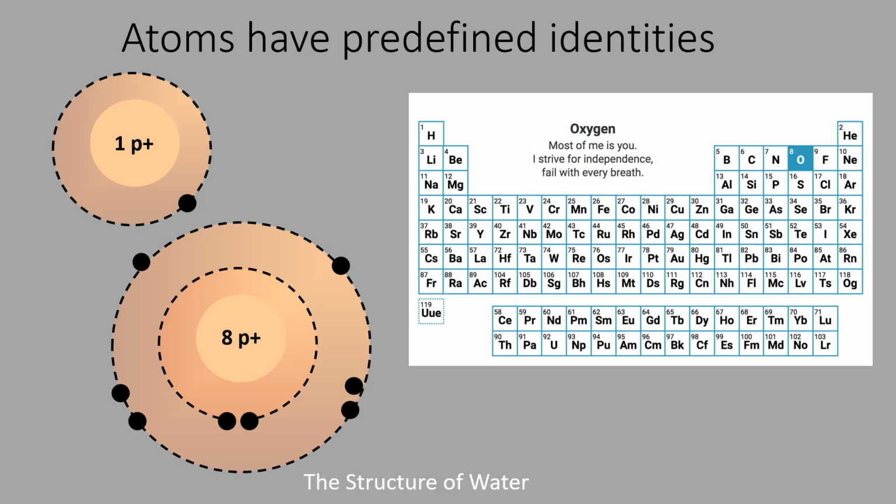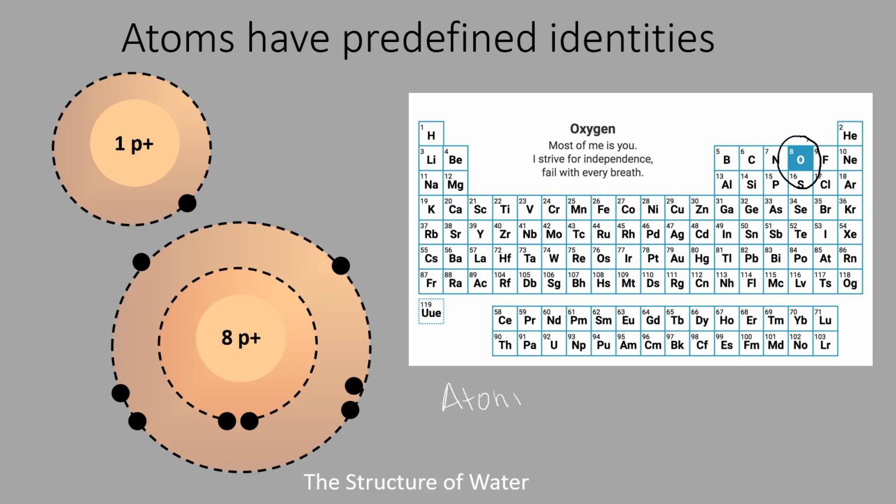If you want to know what type of atom we have at any given point, we can look up the identity of the atom on the periodic table of elements. So the identity of oxygen, which is contained in water, has something called an atomic number.